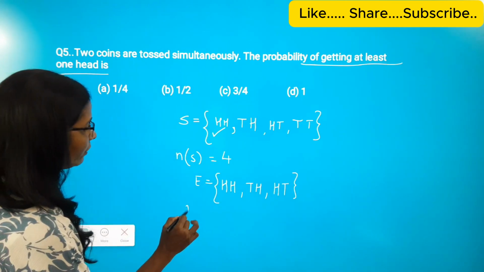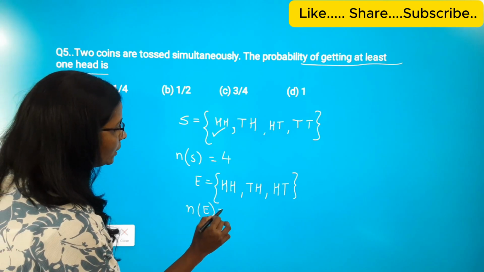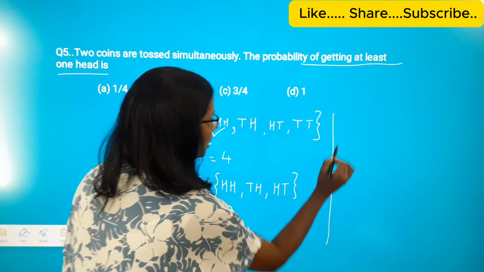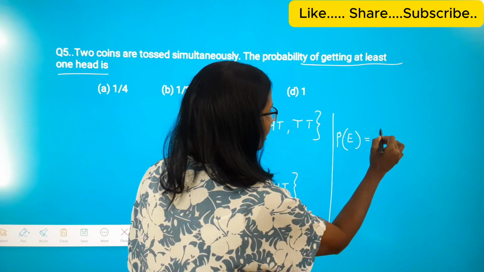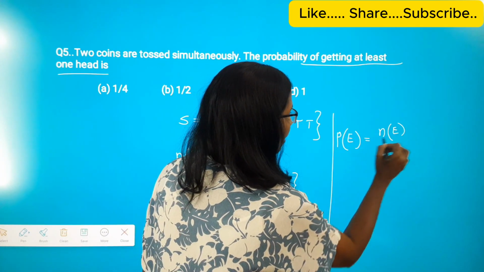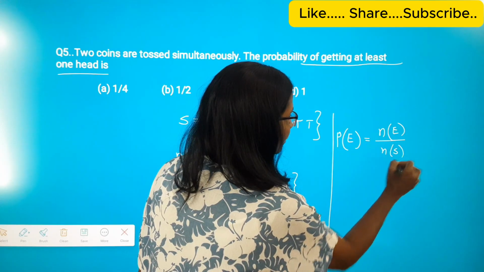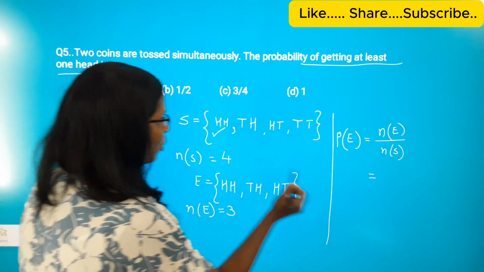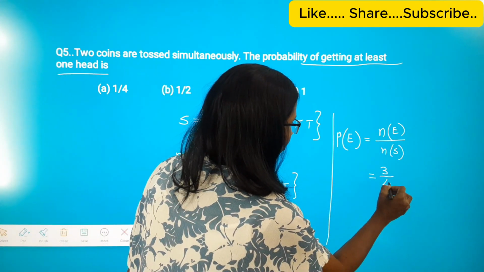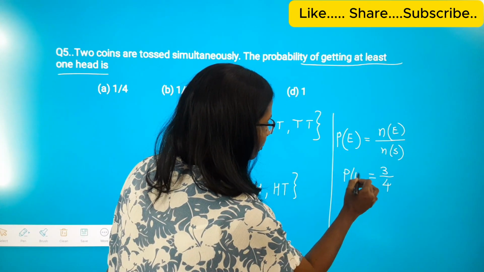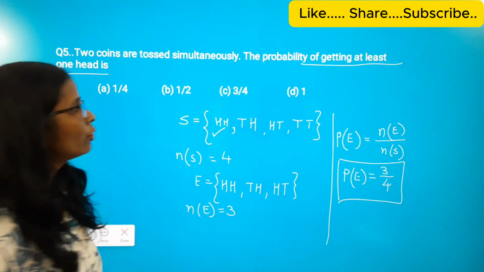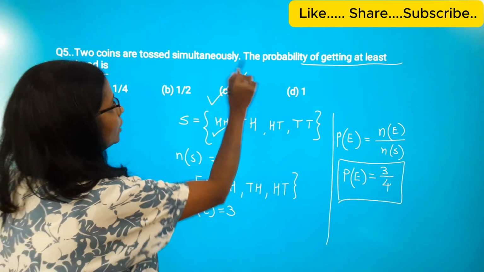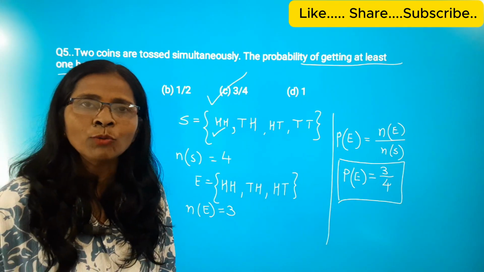So n of E is equal to 3. So here, students, the probability of E is equal to n of E upon n of S, which is equal to 3 upon 4. That is the probability of the given event. So, students, that is C. Answer C, 3 upon 4 is correct.